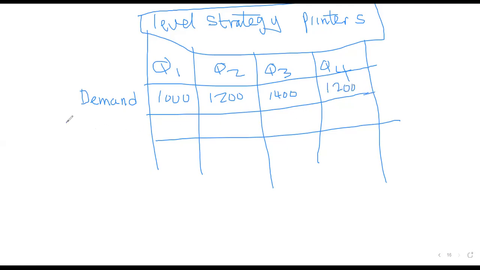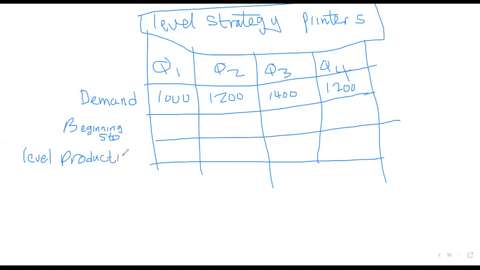Then our beginning stock. Then we can go for production, which is on level production. And then we can go for our ending stock.